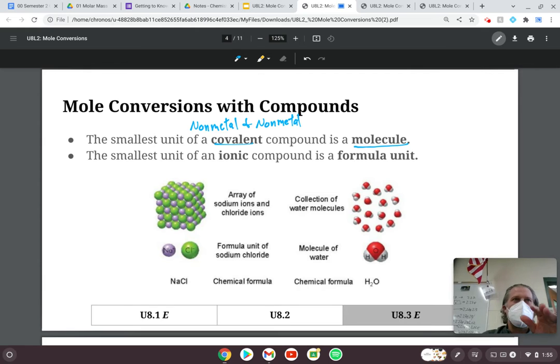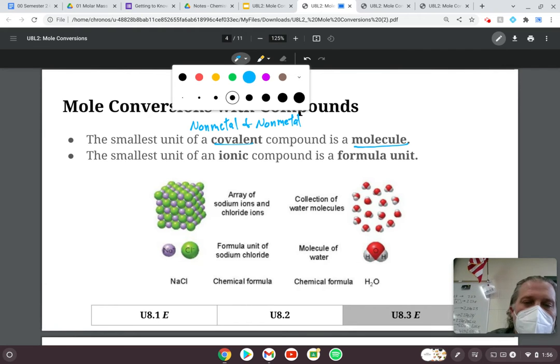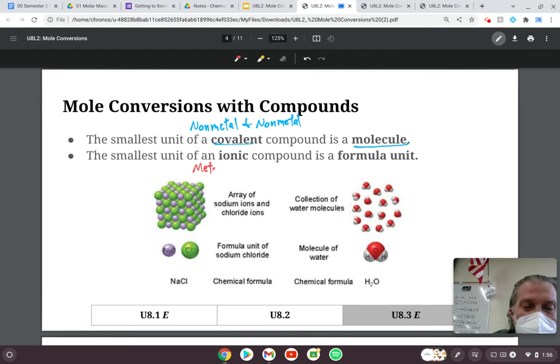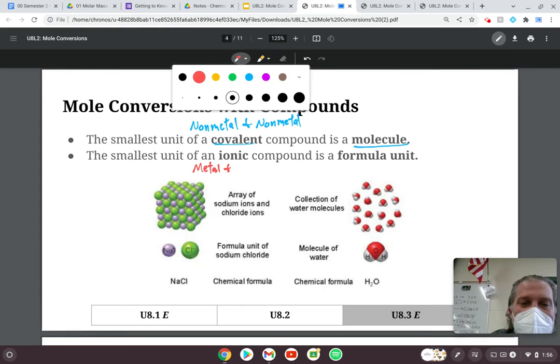The problem is that people out in the interwebs and newscasters don't use the word molecule correctly. They use molecule for like everything, and that's not true. There is another word that we use to describe an ionic compound. And remember, an ionic compound occurs between a metal and a nonmetal.